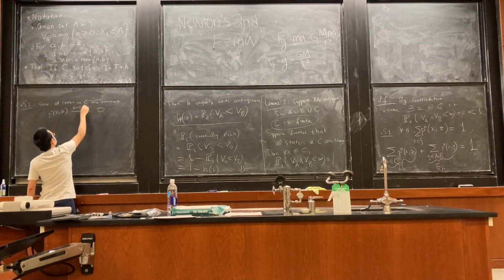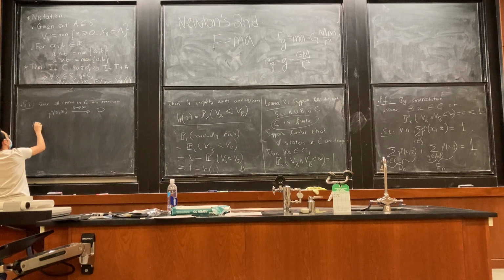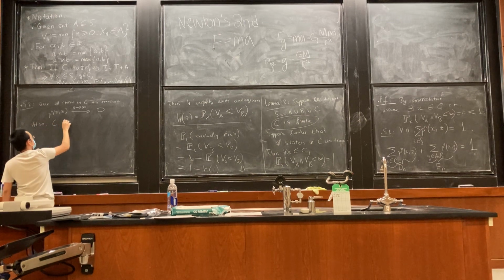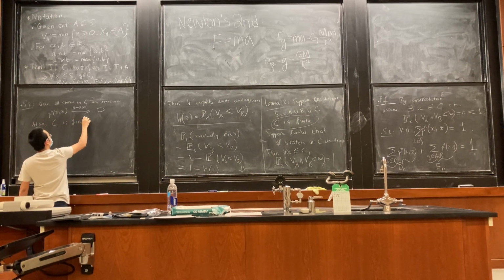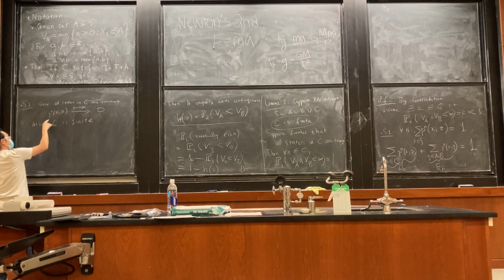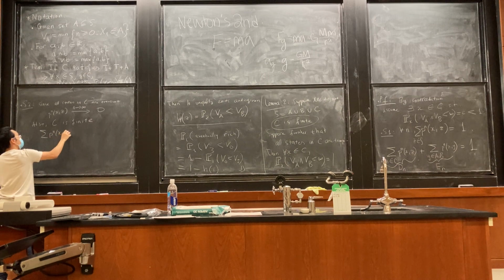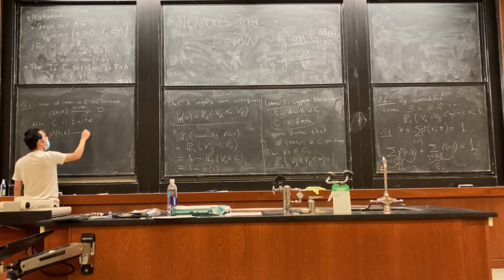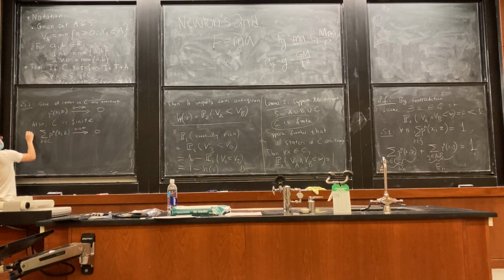And also C is finite, implying that if I take a sum of p_n(x,z), this finite sum will converge to 0. That's crucial: if you have a finite sum, each term going to 0, then the finite sum has to go to 0.